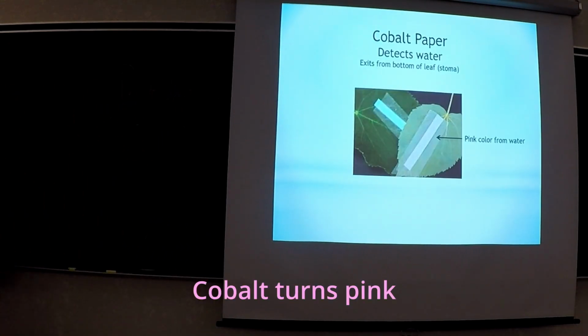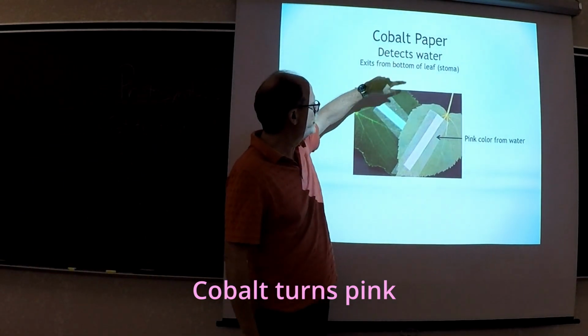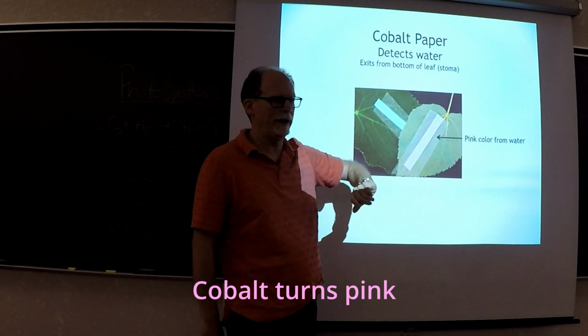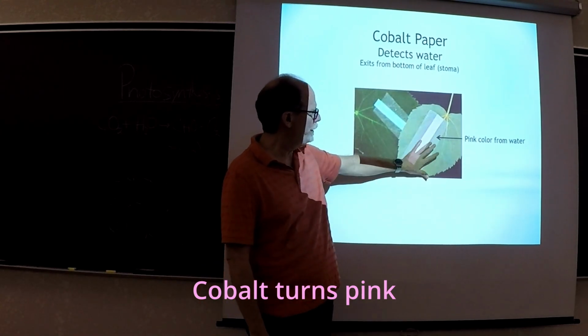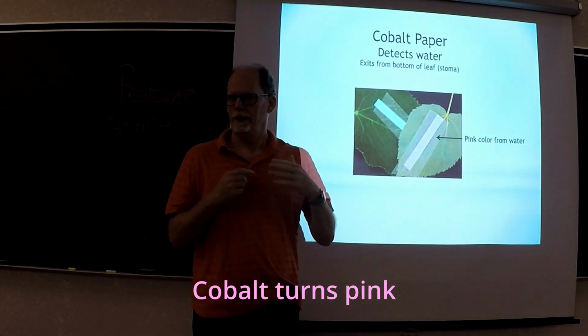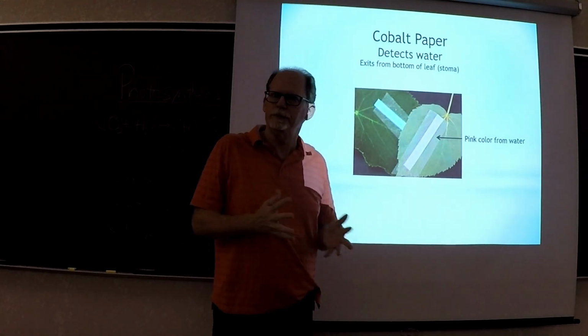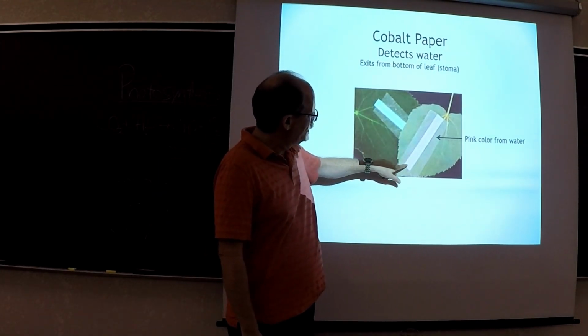that can't happen. So one of the experiments we would have done in lab was to put what's called cobalt paper, which is blue, on the leaf. This is the top of the leaf here. This piece of cobalt paper is on the bottom of the leaf. Then we would have given it some time, say the length of the lab, and then checked these pieces of paper.